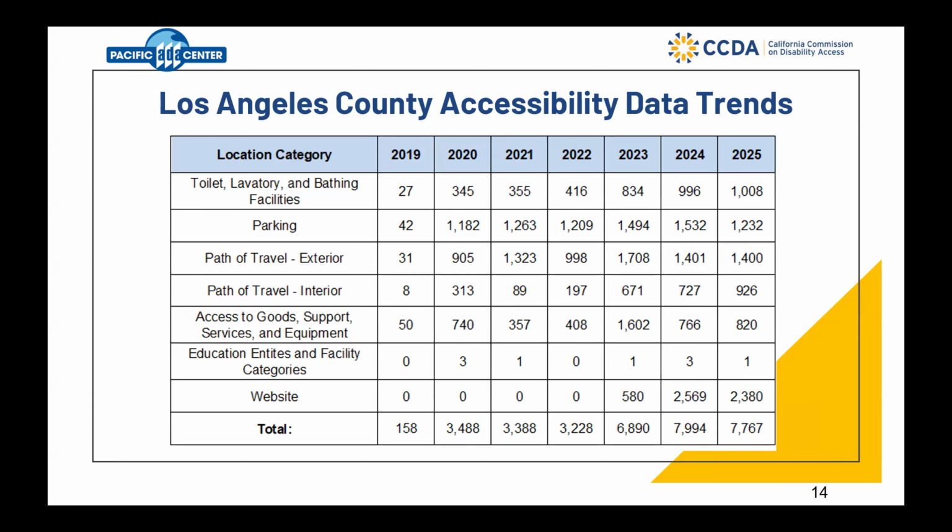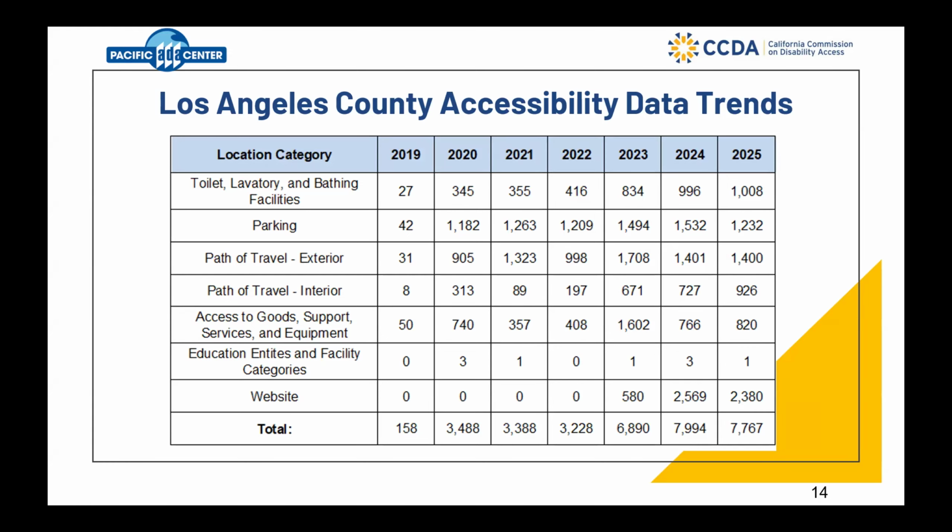Parking has, as I will show you, been a hot topic. It started with 42 violations reported to us in 2019, and then it grew from the 1,200-ish range to the 1,500 range, and then it dipped a little bit in 2025, but still remained near the top of our list.